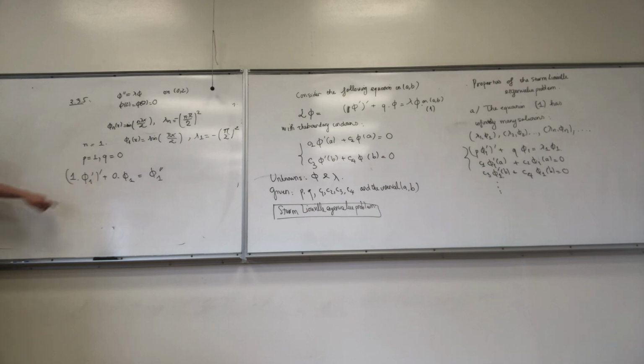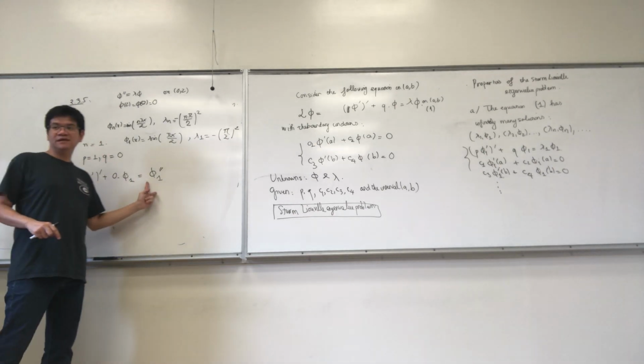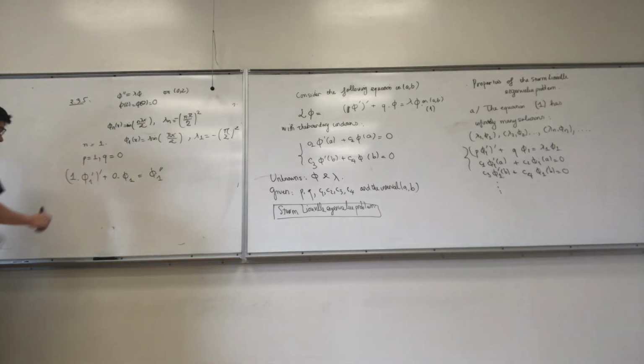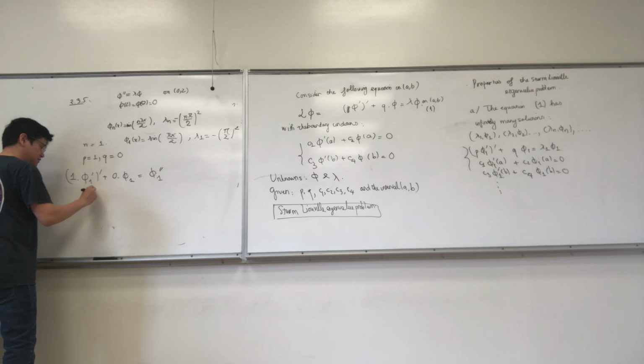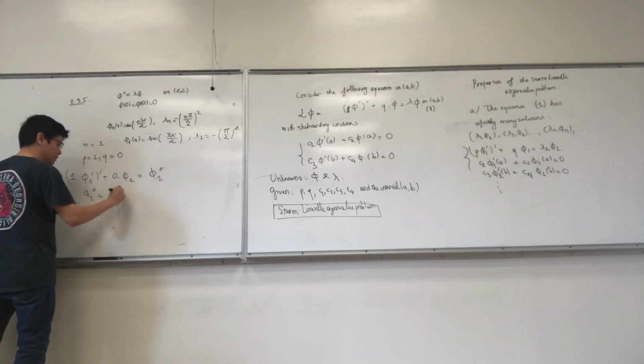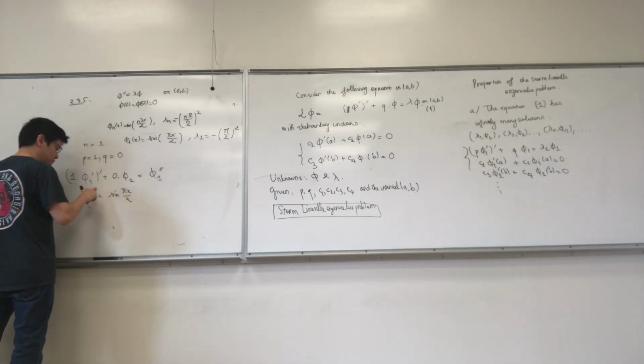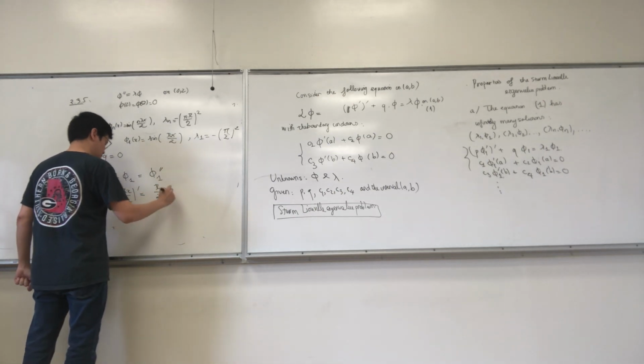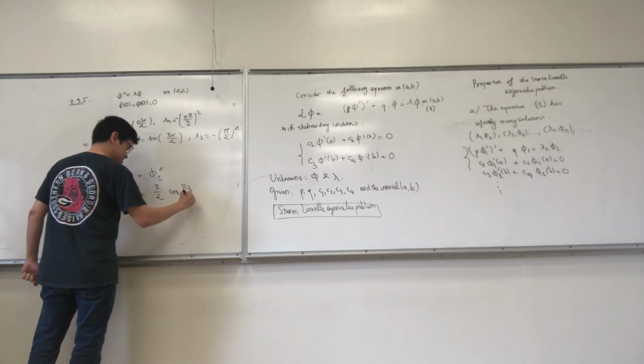So in the special case of 2.3.5, p is 1 and q is 0. So you have 1 times phi 1 double prime plus 0 times phi 1, which is phi 1 double prime, exactly the form that we have over there. Now I'm going to compute phi 1 double prime to see that phi 1 double prime is lambda 1 phi 1. Phi 1 prime is the derivative of sine of pi x over 2, which gives pi over 2 cosine of pi x over 2.